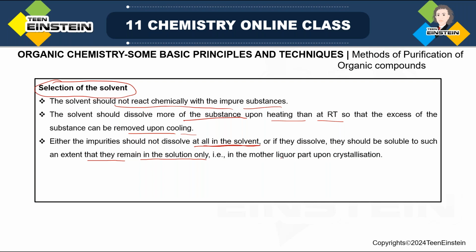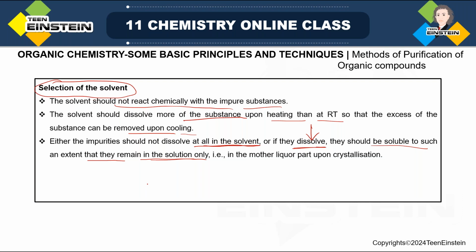That is one condition. But if they dissolve, the solubility should be such that they remain in the solution only. So the second condition is when the impurity is also soluble and your desired compound is also soluble. But when you cool it after heating, you will get only the pure compound, that is, only the desired compound, not the impurity.